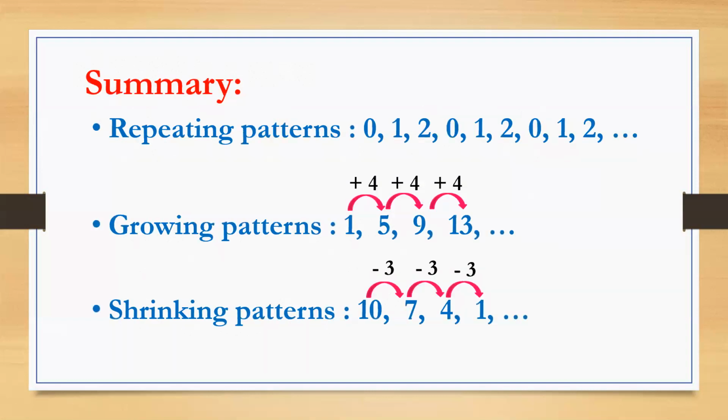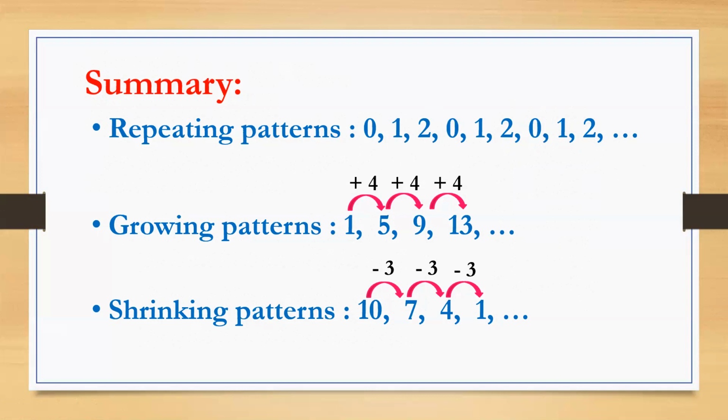So students, let us see what we have learned in today's session. The first thing which we have learned is repeating patterns, where some numbers will repeat themselves in a regular way. For example, here 0, 1, 2, 0, 1, 2 are being repeated.